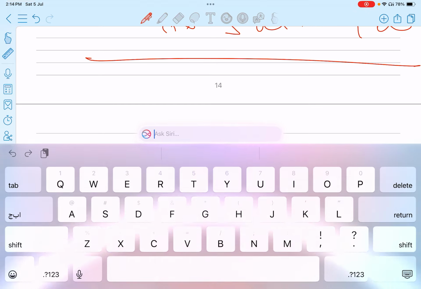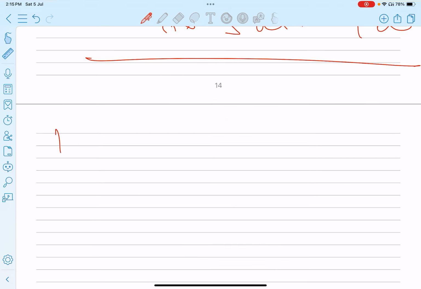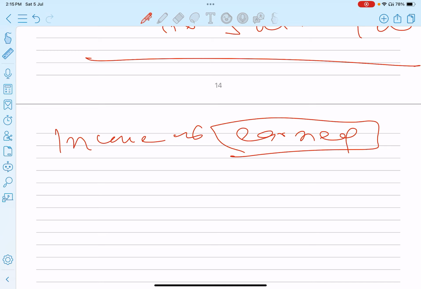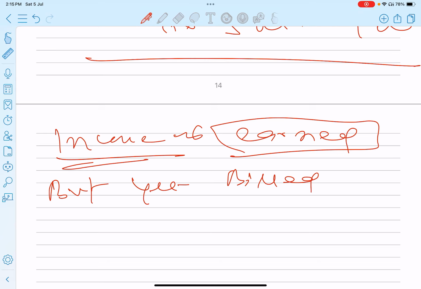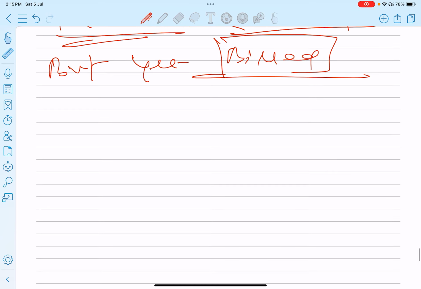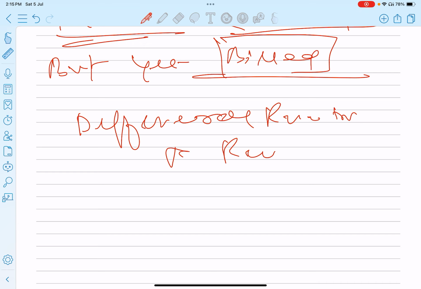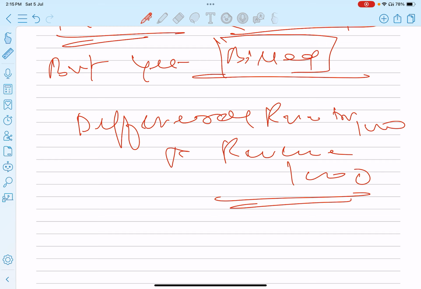Now income is earned, and you have already rendered the services but not yet billed. So in that case you can say that deferred revenue debit to revenue, means you have started earning the revenue.